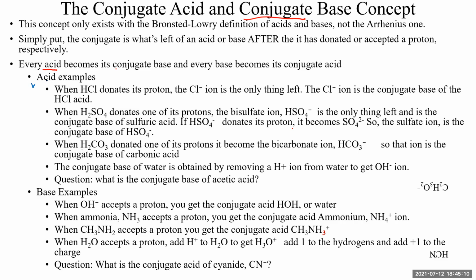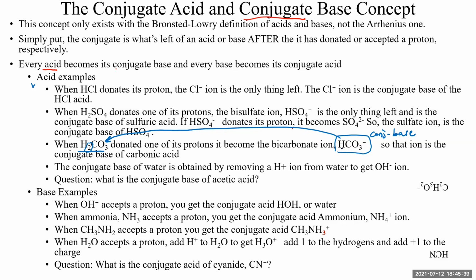How about carbonic acid? Carbonic acid is another diprotic, or polyprotic, acid, meaning it has more than one proton to donate. The first deprotonation of carbonic acid results in the bicarbonate ion, which is the conjugate base of carbonic acid. Bicarbonate, or hydrogen carbonate if you prefer.